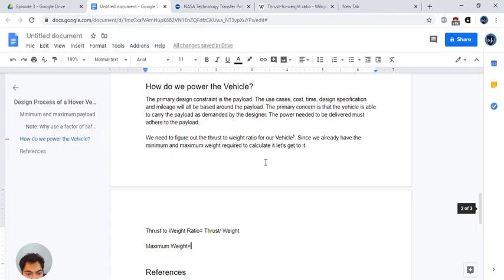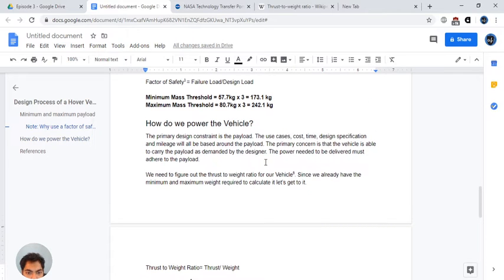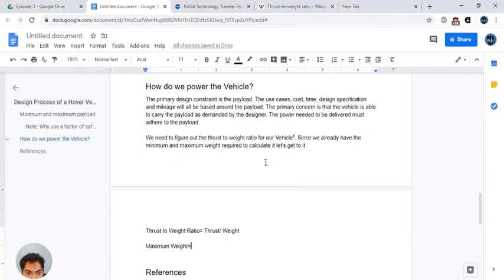Maximum weight is maximum mass times absolute acceleration due to gravity.